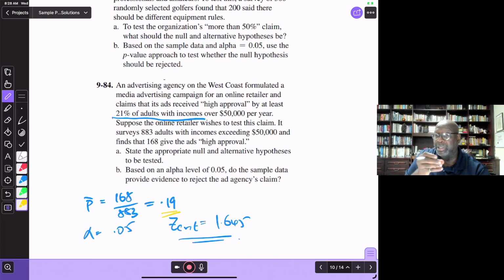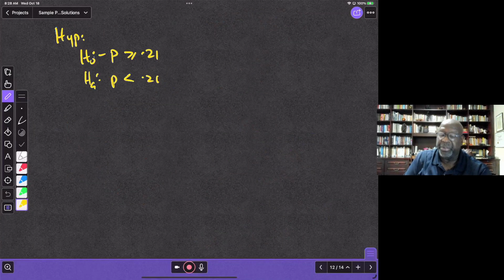The sample data is going to try to support the alternate hypothesis that says the proportion is less than 21%. Okay? So that's the null and research hypothesis.